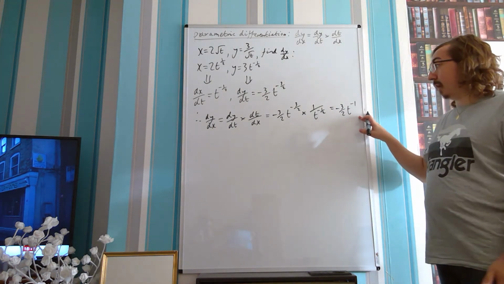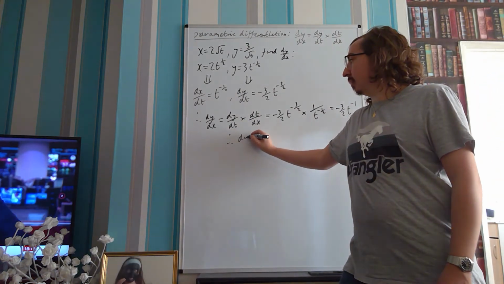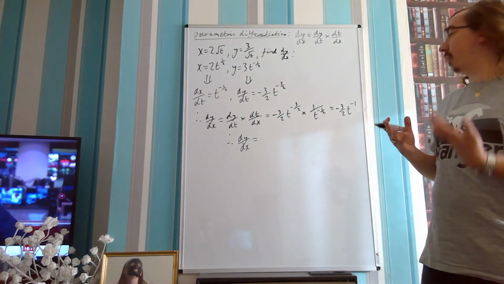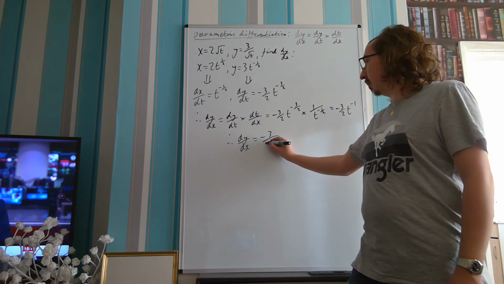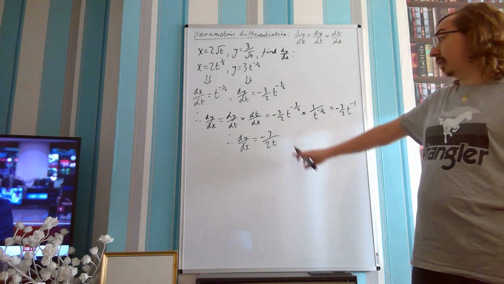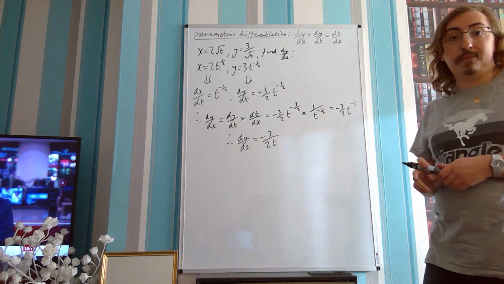And you'd be perfectly fine to leave it in that form. However, we can really write it, if we want it back in a fraction notation, as minus 3 over 2t. Okay? And generally, I quite like in that form, but you would get all the marks if you left it in that form as well.